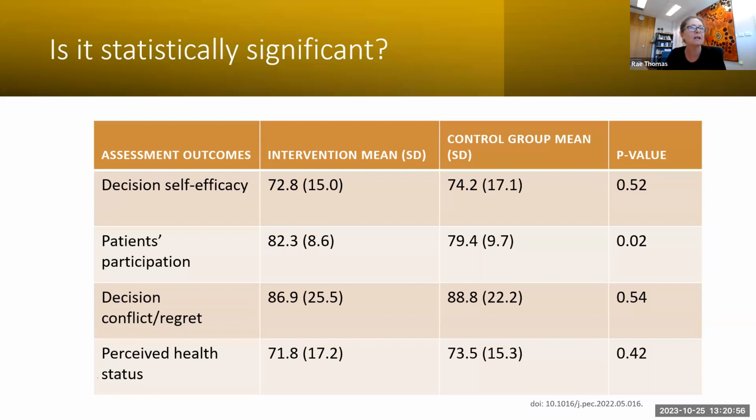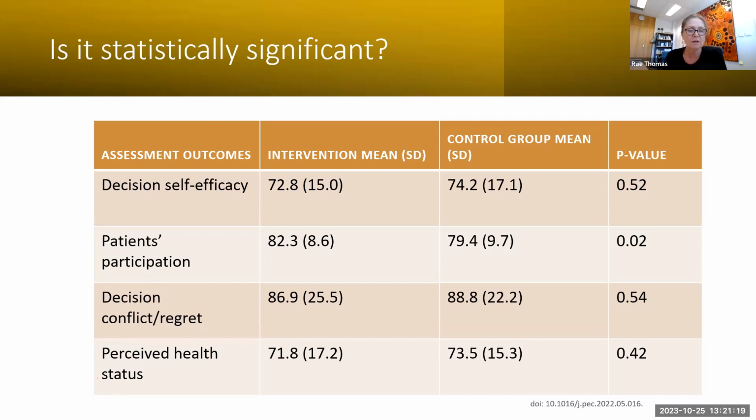Here's a table. It's from a study. The DOI is underneath it. It's just a modified table. I've tried to make it easier for you to read. It's about the assessment outcomes. The intervention mean is there and the standard deviation, and the control group mean is there and the standard deviation. And then at the very last column, you have a p-value.